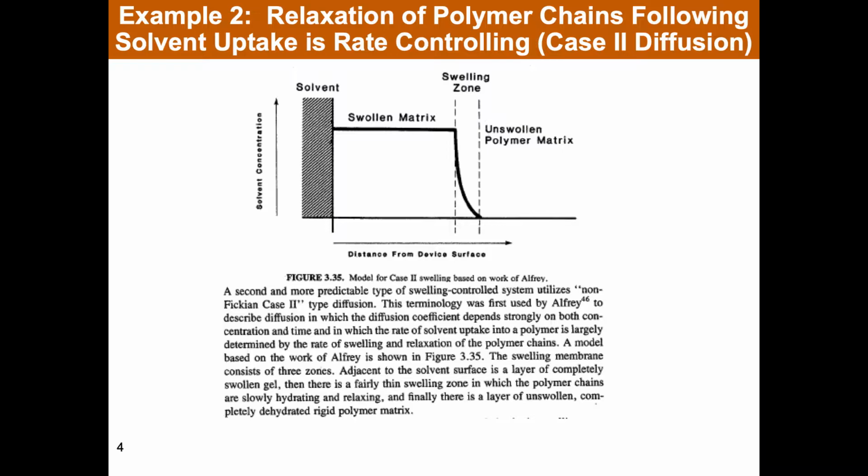And in these cases, the solvent is typically confined to a very narrow region of the material, and it moves in more or less a front through the material. You can see examples of this in systems like polystyrene with organic solvents like cyclohexane.